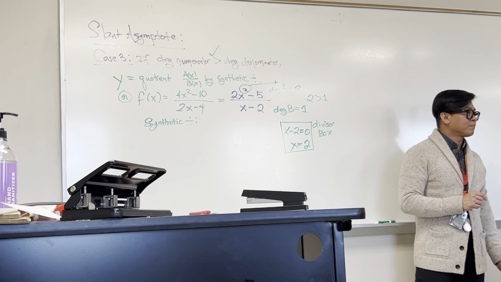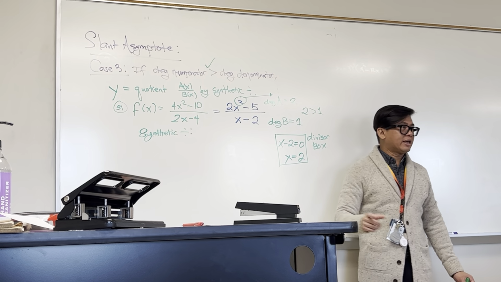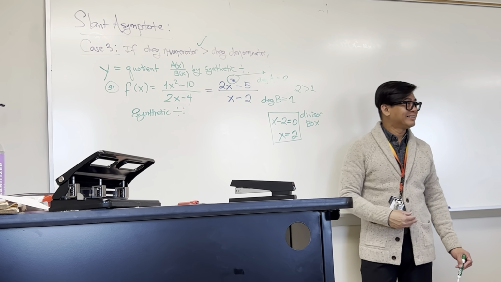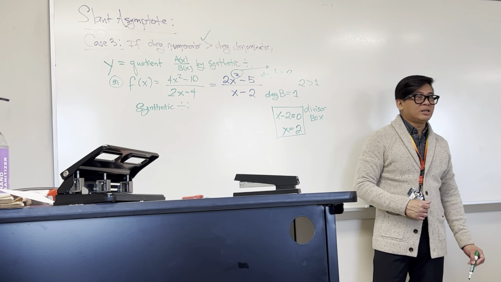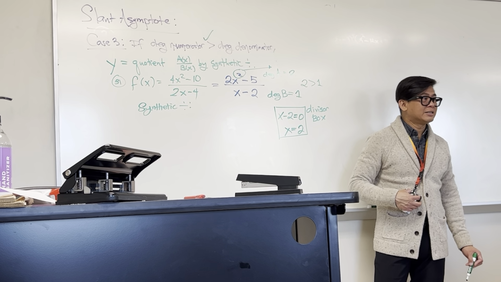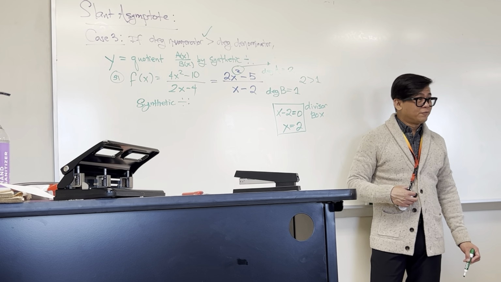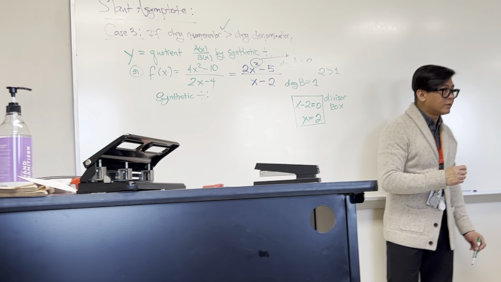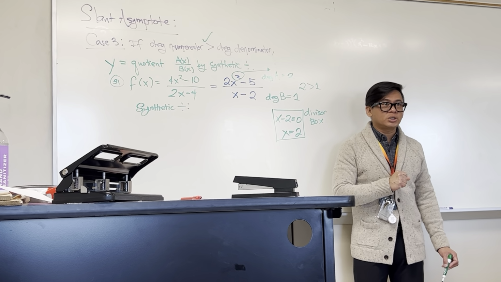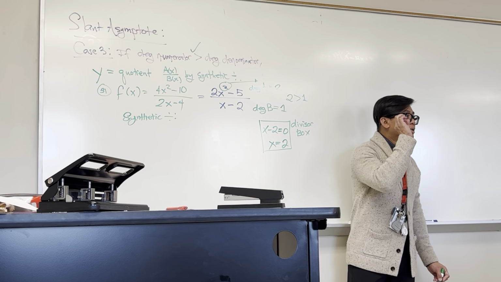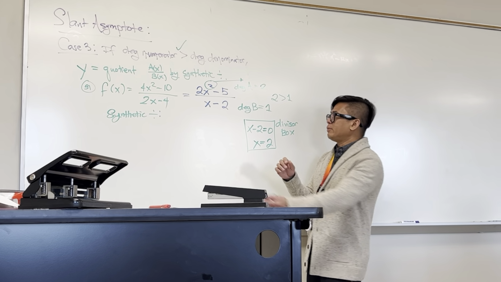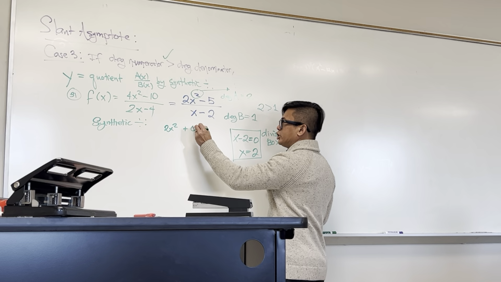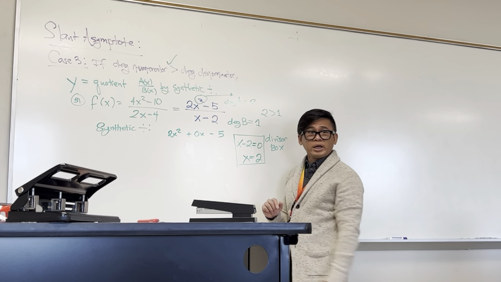What's the next step? What do you do with the dividend, the terms being divided? Write it in standard form. Consider the coefficients, and if there are missing terms, we make them zeros. So that's 2x squared, there's no x, and a constant negative 5.